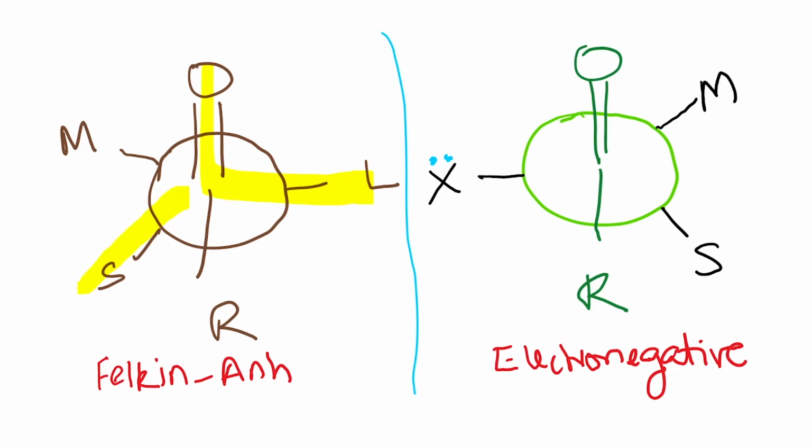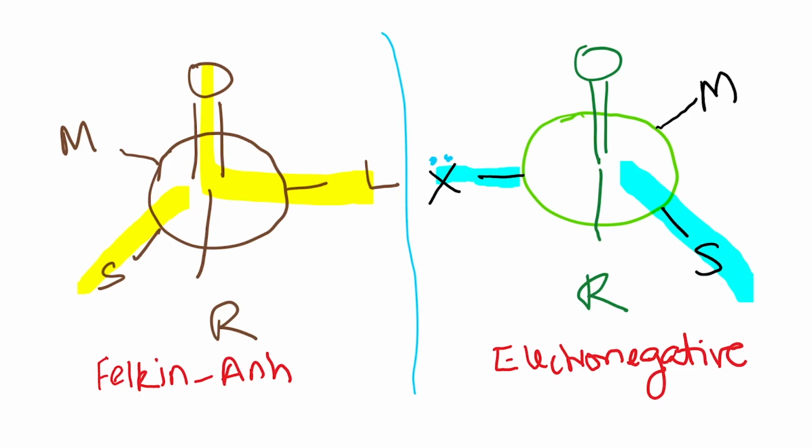But when there is an electronegative atom adjacent to the carbonyl, then the electronegative atom ends up at the position which is perpendicular, and the most reactive conformation is this, wherein the smallest group is now situated over here and the attack happens from here.